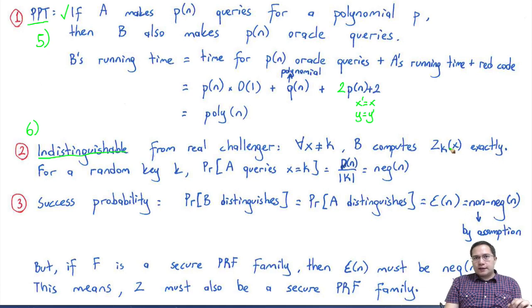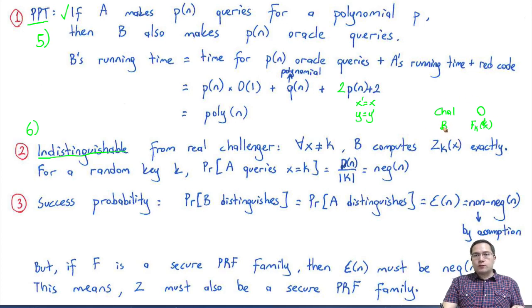The only difference between B and the real challenger is if the adversary query is x. If the adversary query is x, remember, a real challenger would have returned 0 as output, whereas B returns f_k of x, f_k of k actually, as its output. So here, the adversary may distinguish.